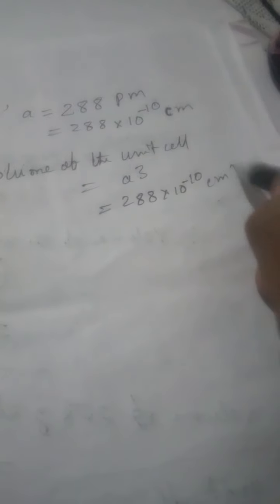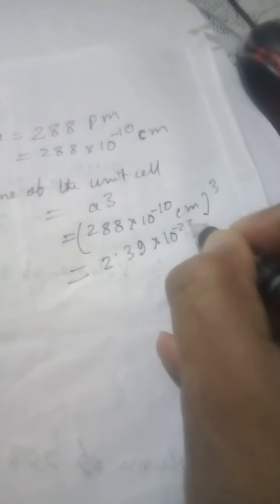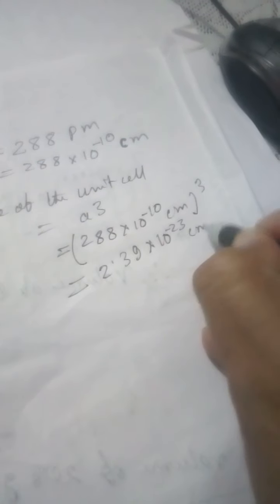That means 288 into 10 to the power minus 10 centimeter whole cube, and this will come out 2.39 into 10 to the power minus 23 centimeter cube if you do the multiplication here. So this is the volume of the unit cell.